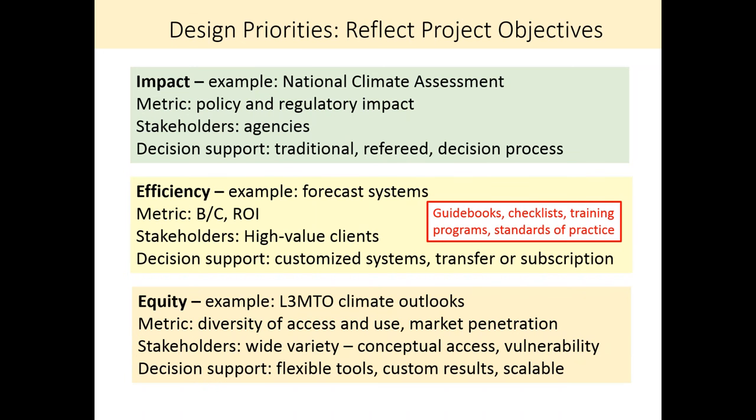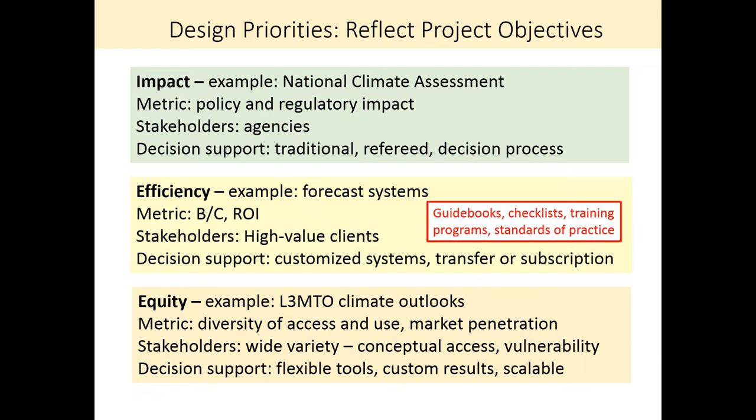The third alternative is, are we looking at equity of access? The kinds of metrics might be, are we getting at a lot of different sectors, a lot of different kinds of populations? Some of those populations may be vulnerable populations. Are we getting deep into a particular sector? Think about that as a market.